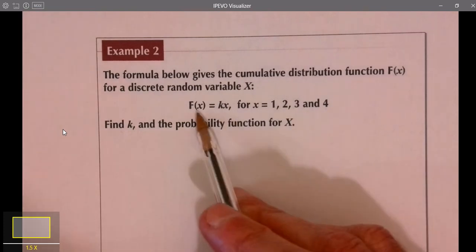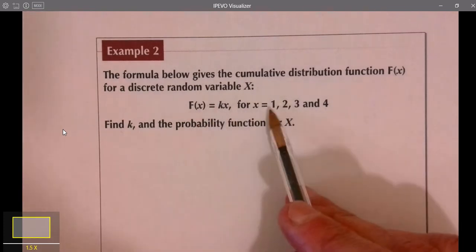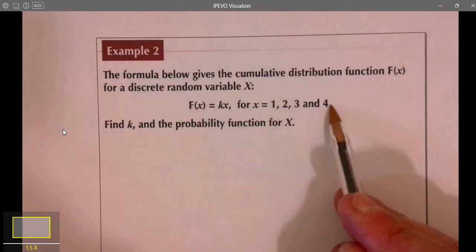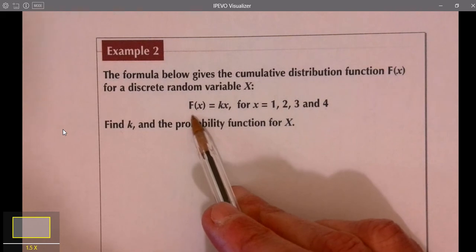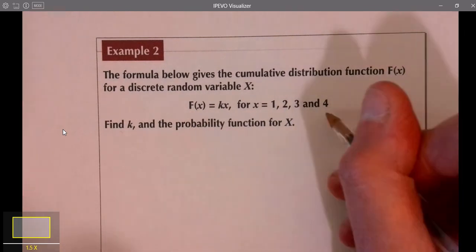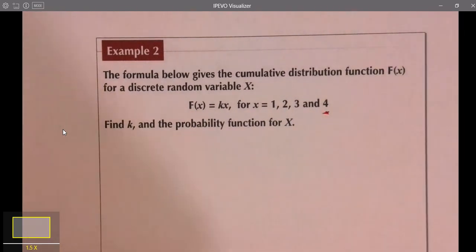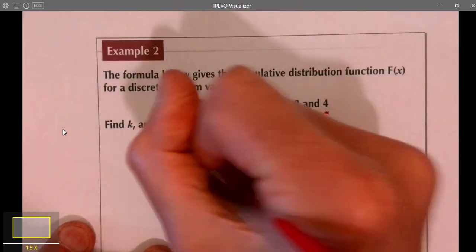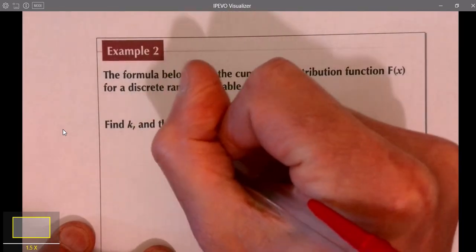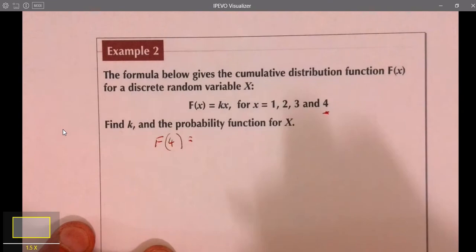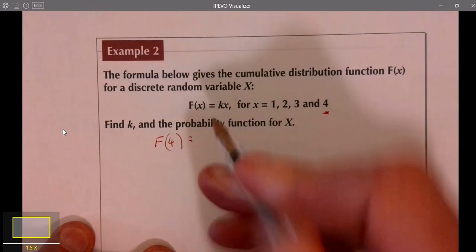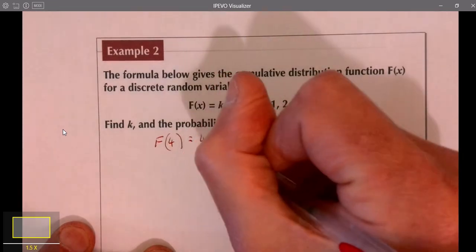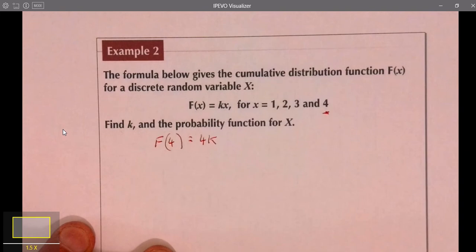The important bit about a cumulative function is this one over here, because this is what the information above tells me. If I put 4 in there, 4k, what do I know the answer to be?